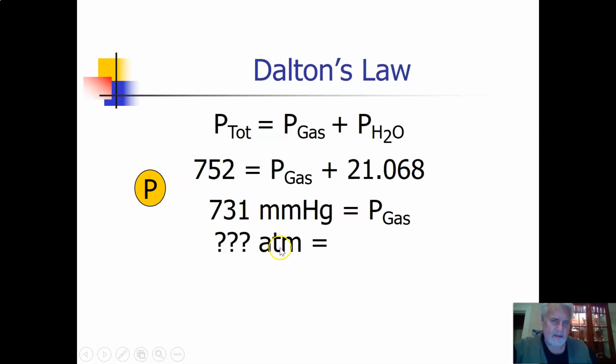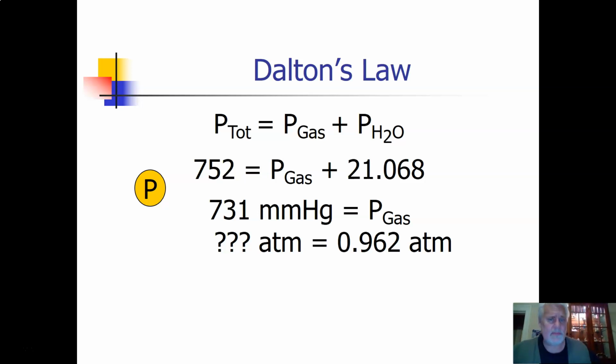There's 760 millimeters of mercury in 1 atmosphere, so you can set up a little factor label method if you want, but I think you can see that this is short of 1 atmosphere, so you're going to divide by 760. That should seem kind of logical to you. Keep with your 3 sig figs, and we'll use atmospheres at this point.